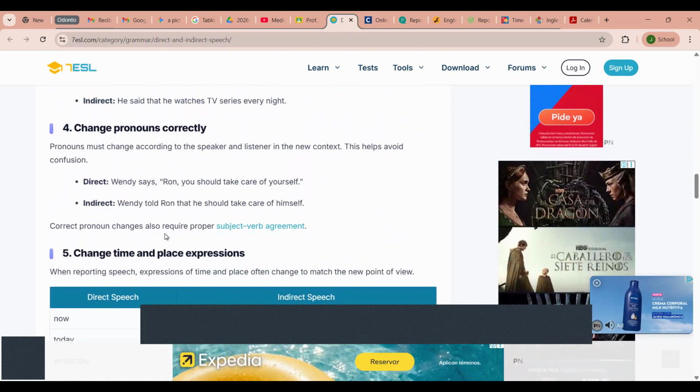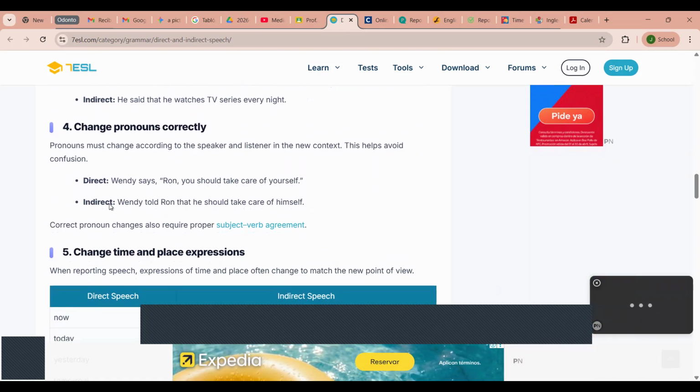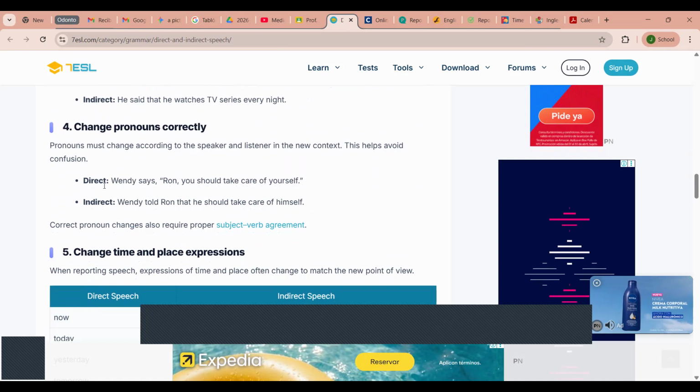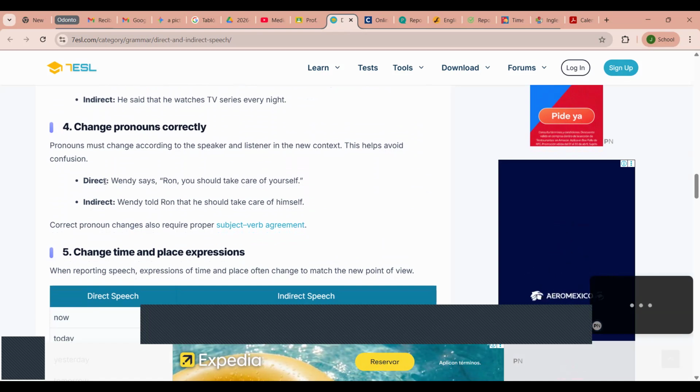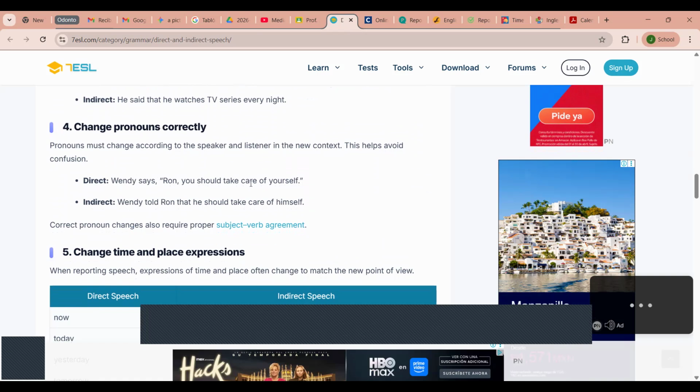When it comes also to the people and the time and the places, those will also have minor changes. So here we see Wendy talking about Ron. So Ron is a he. When you share this information, you're not going to say you're not Wendy.